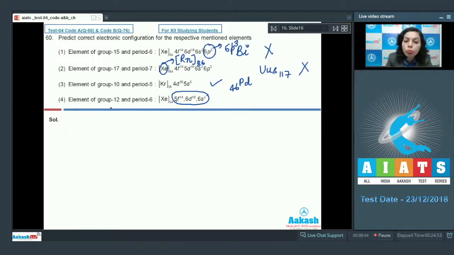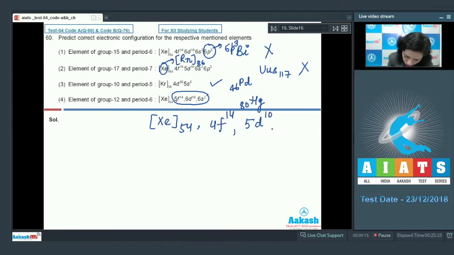This is element of group 12 and period 6. This is the element mercury with atomic number 80, and its correct electronic configuration is xenon 4f14, 5d10 and 6s2.